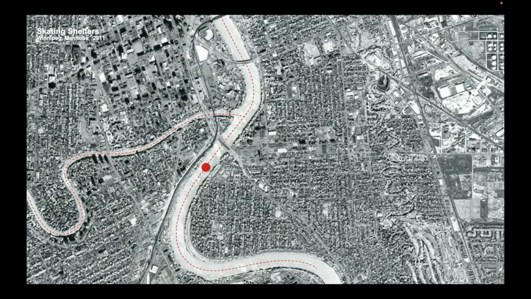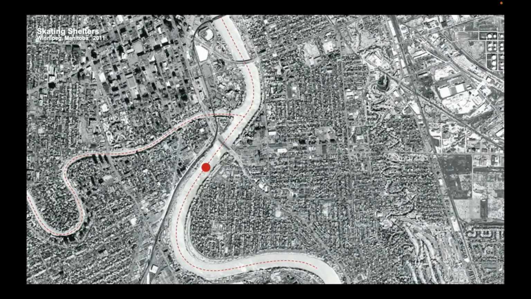And this whole series of projects, which has now been running for 15 years as a research activity within our office, started with an invitation from Winnipeg, where Pat and I grew up and went to school, to do an installation, which was at the time a new idea in Winnipeg: temporary shelters on the frozen river to protect skaters and let them get out of the wind.